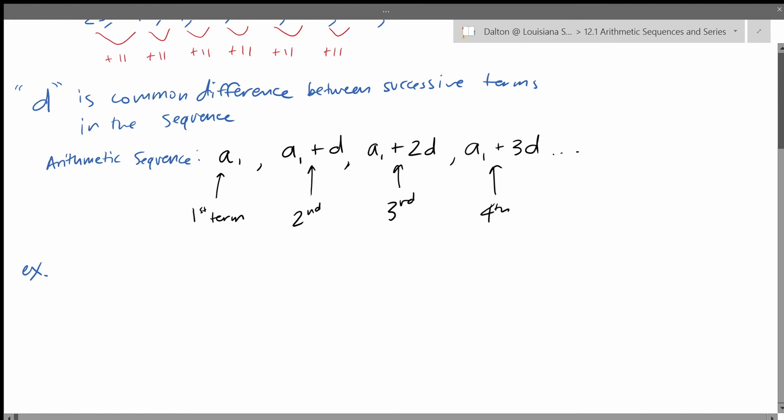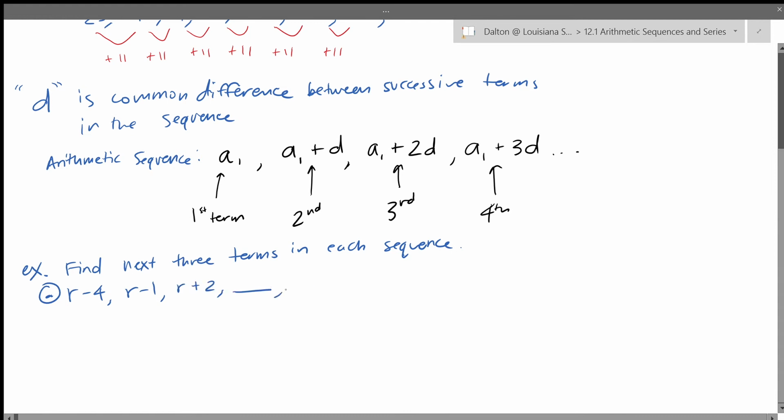Very straightforward example. We're going to find the next 3 terms in each sequence. First one: r minus 4, r minus 1, r plus 2, and then we're going to find the next 3.